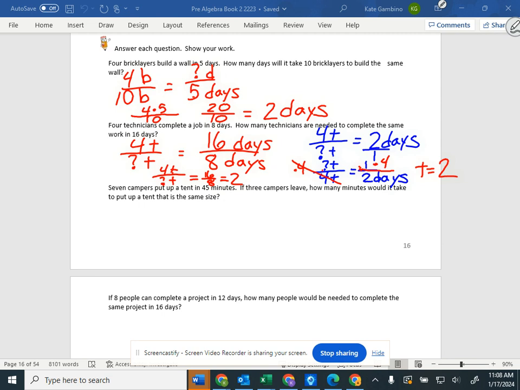And then yes, we could use that equation. 4 times 8 divided by 16. So you are correct. 4 times 8 is 32, divided by 16 is 2. But I want us understanding why it works. So yes, you can just do the equation, but not on this first page, because I want us to understand the concept.